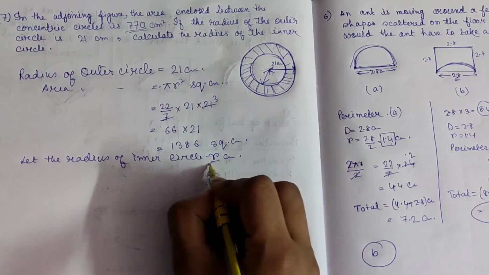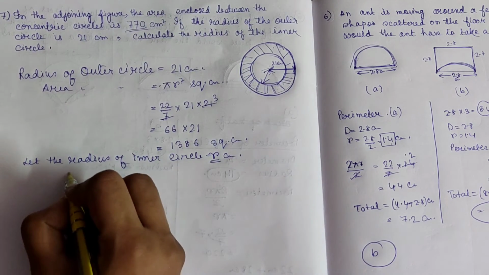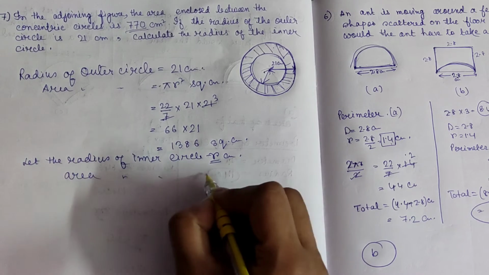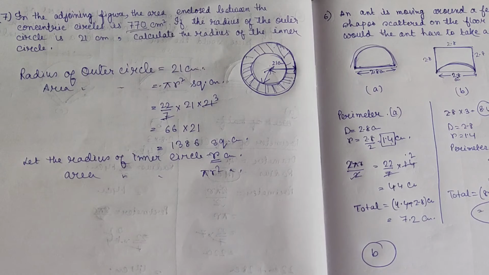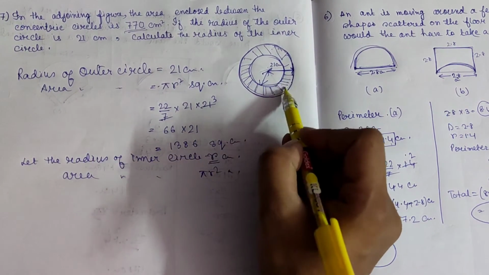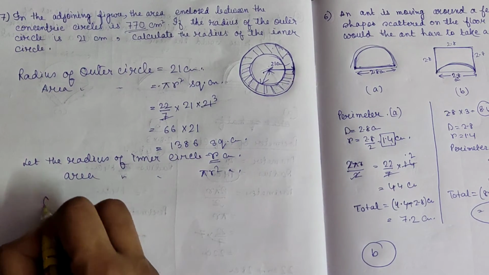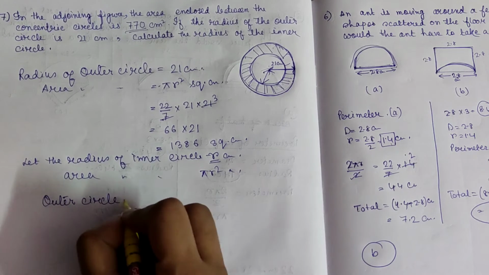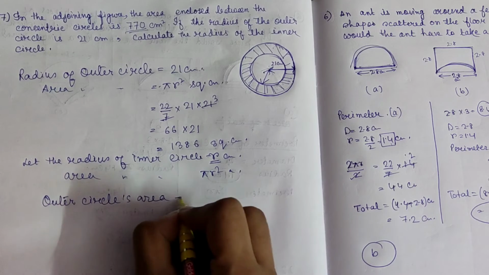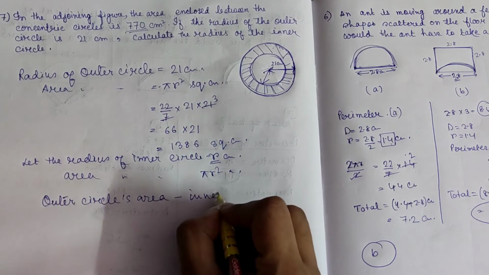If I consider it as r, we can find out the area of the inner circle, which is pi r squared square centimeter. And what I told, how can we find out the area of this concentric circle? If I subtract the outer circle's area minus the inner circle's area.